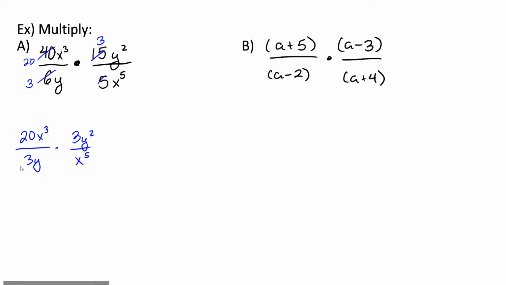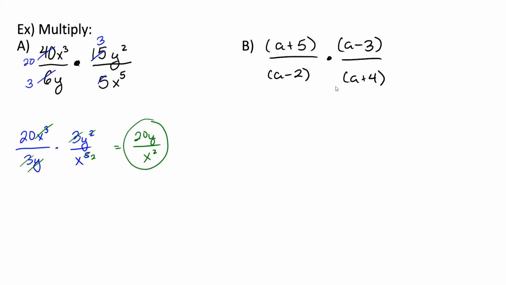Now we see we have a common factor of 3 that'll cancel, and we have a common factor of y here, so that'll get rid of the y squared. Then we have x cubed over x to the 5th, so that's going to become an x squared in the denominator. And we're left with 20y over x squared.